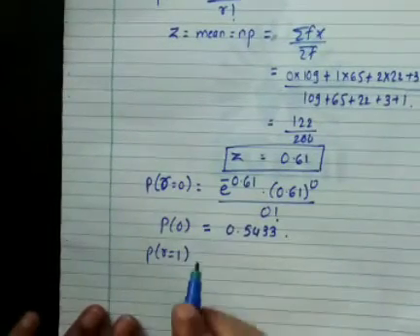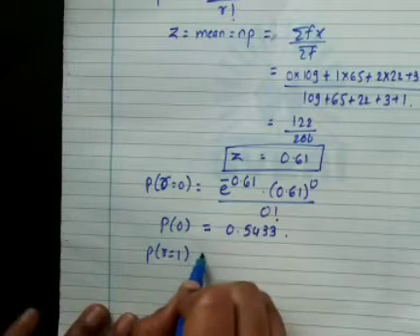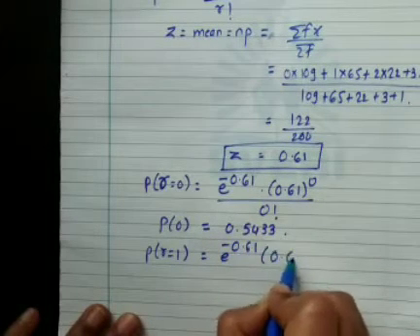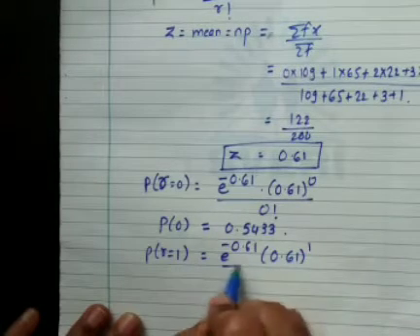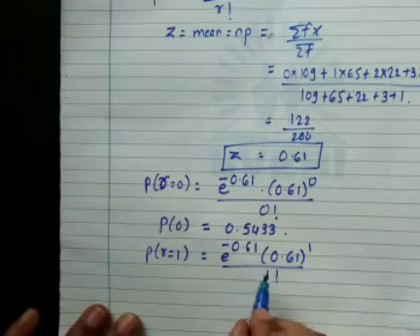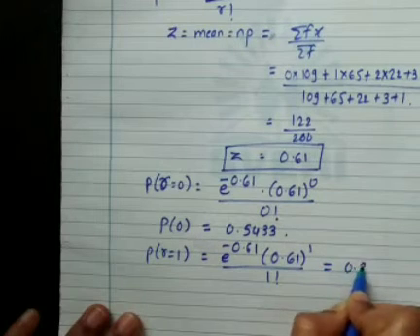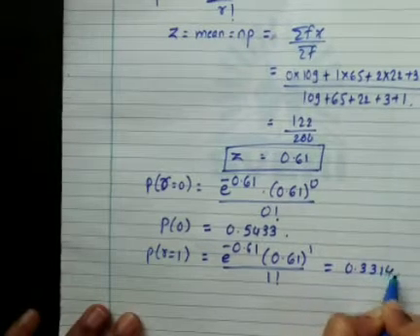So probability of r is 1 is equal to e raised to minus z, z raised to 1 upon 1 factorial, that is equal to 0.3314.